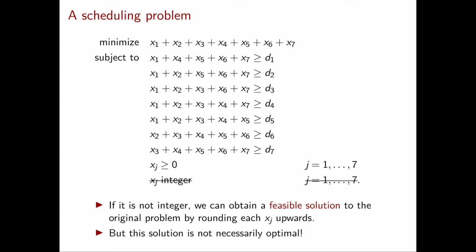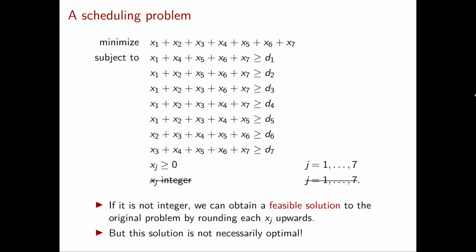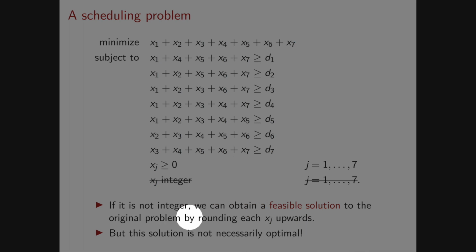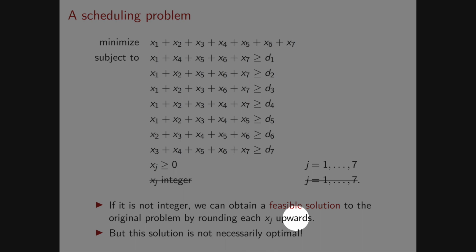However, we can make a very simple observation that doesn't work for any integer linear programming problem, but it works for the example we are talking about. Namely, what you could do is obtain a feasible solution to the original problem by rounding every xj that you obtained upwards.